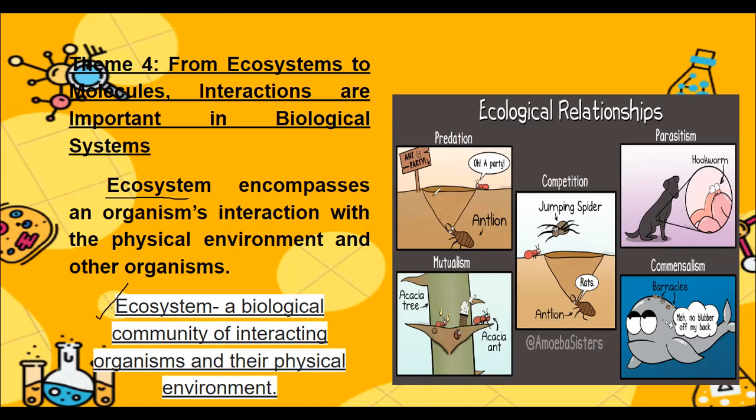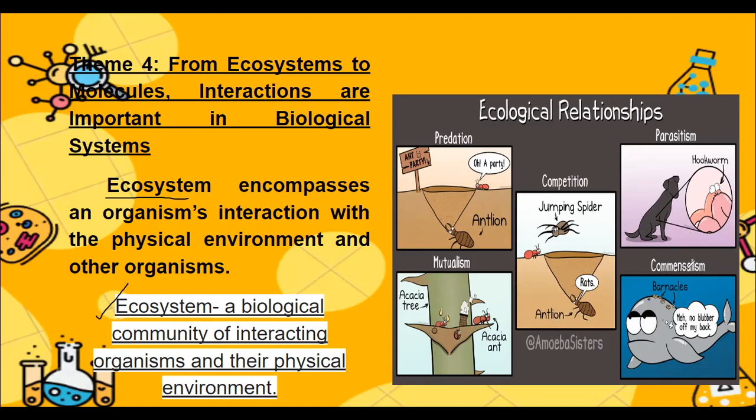So we have picture here. So as you can see, we have different ecological relationships that is included in our theme 4, no? So meron tayong relationship that are being available or nagaganap sa ating ecosystem.